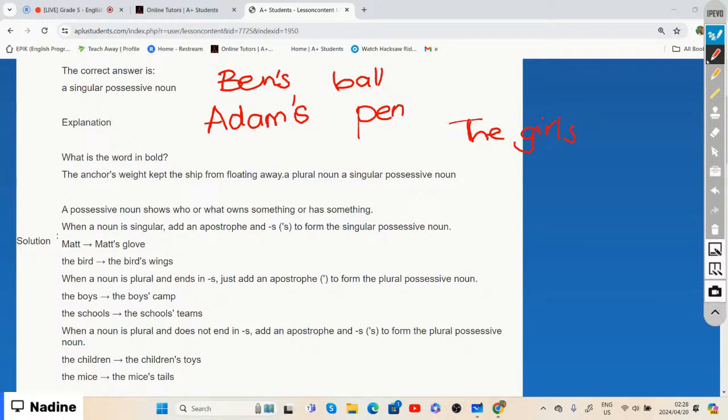If we say the girls' dolls, then we only put an apostrophe after the S of girls to show the possessive noun. So it's the girls' dolls. Unless the whole wording changes and the noun does not end with an S, then we put an apostrophe and an S. But in this case, the noun ends with an S, so we just add an apostrophe, not an S afterwards.